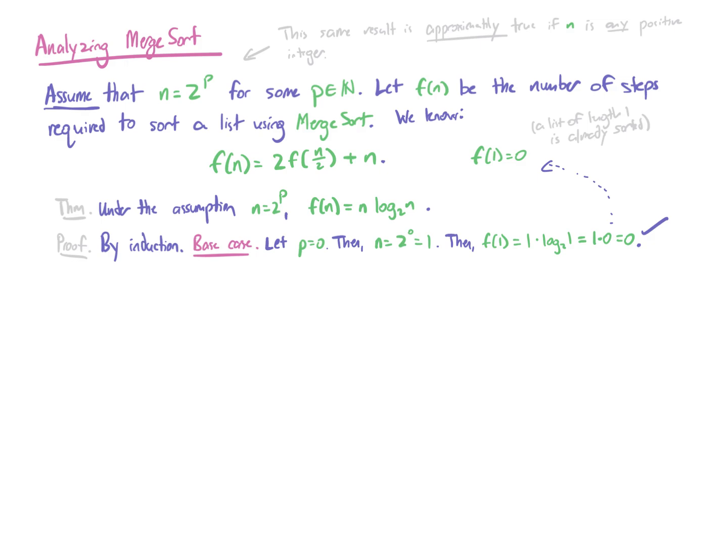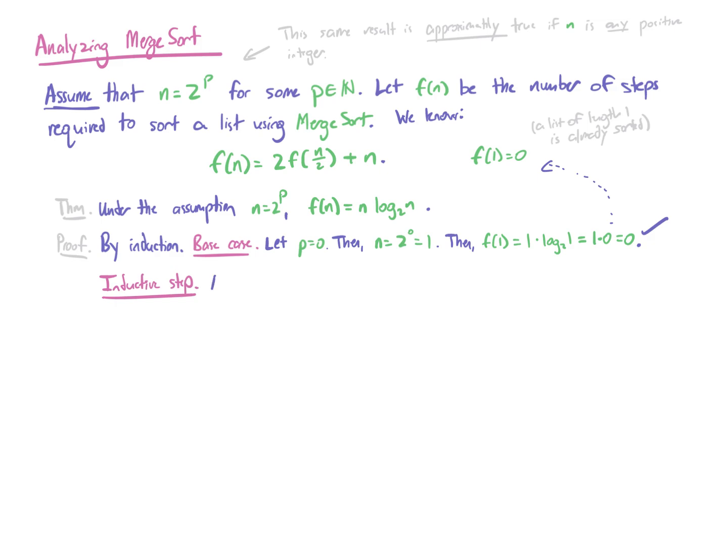Okay, so now let's do our inductive step. And we have to remember that in the inductive step, just like in the base case, we need to assume that the statement is true for some choice of p, and then we're going to try to show that it's true for one more than that choice of p.